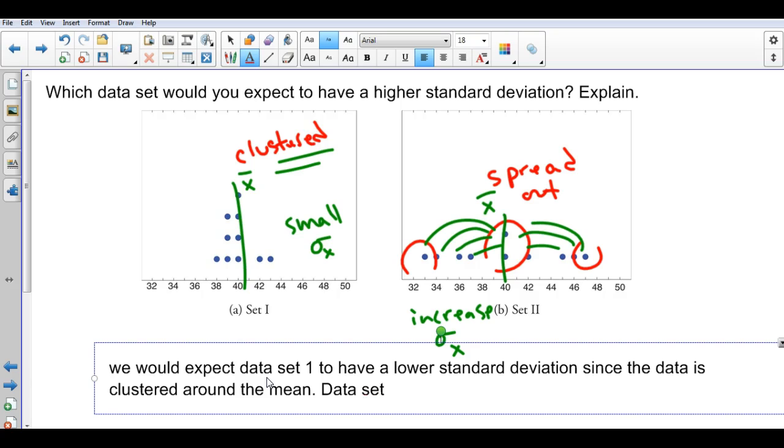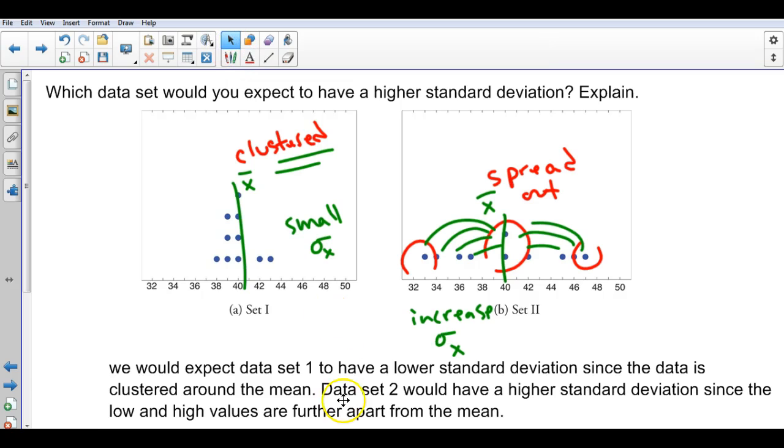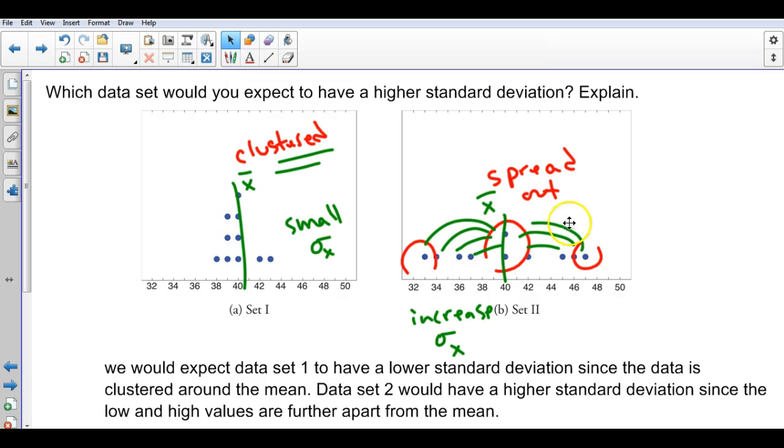Data set 2 would have a higher standard deviation since the low and high values are further apart from the mean. And again, that average distance would increase then because these numbers are farther away.